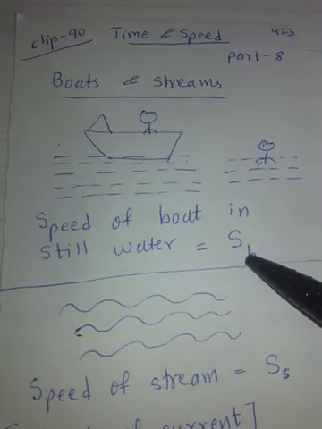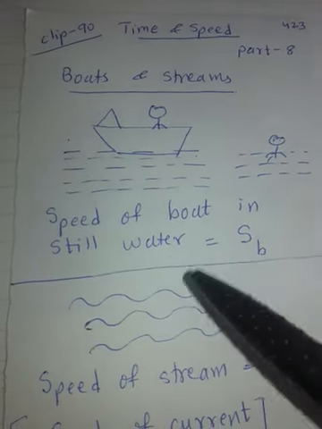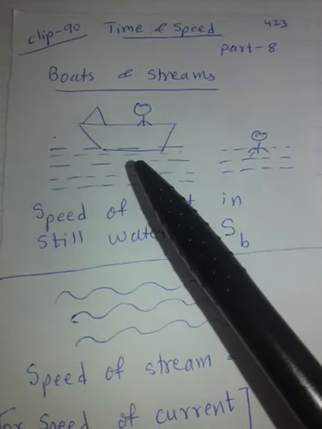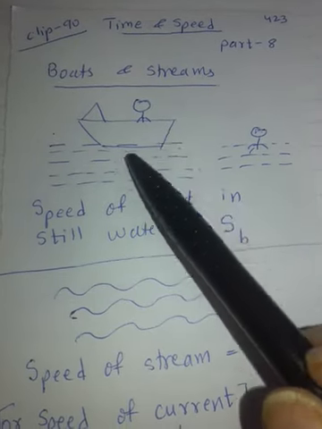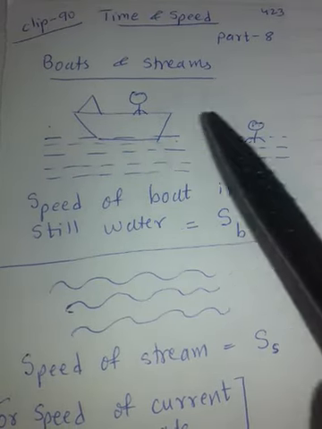First, let us understand these terms. Speed of boat in still water. Now this water is still. Still water means water is not moving. And this man is rowing the boat, or this man is swimming. Both cases are possible.